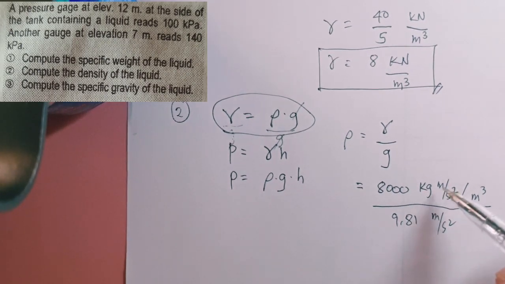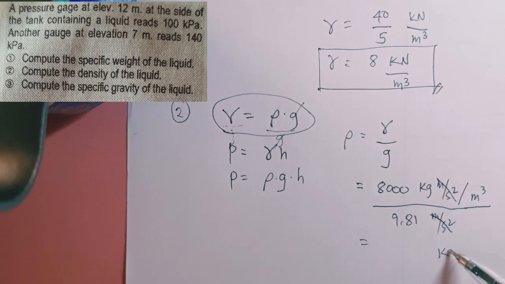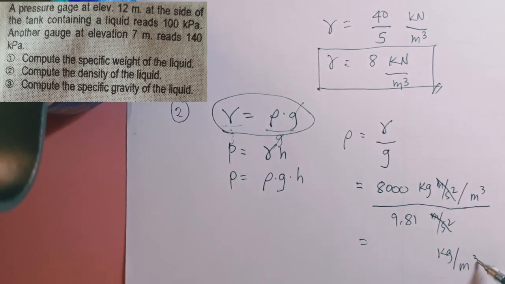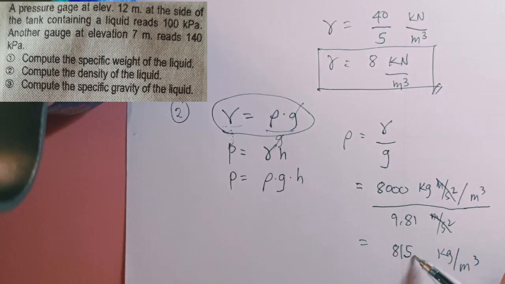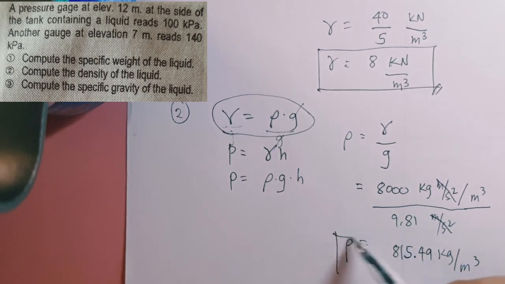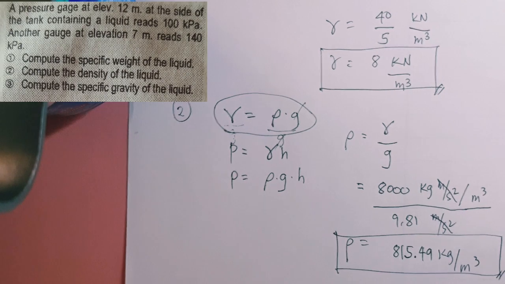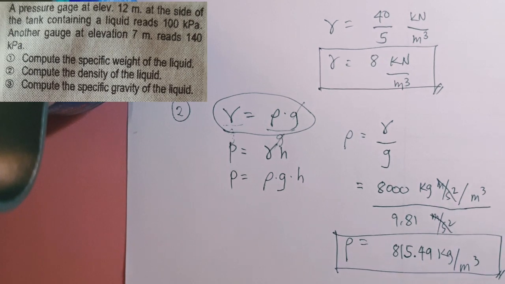So cancel. What is left for the unit is kilogram per cubic meter. 8,000 divided by 9.81, that is 815.49. That is the density of the liquid inside the tank.